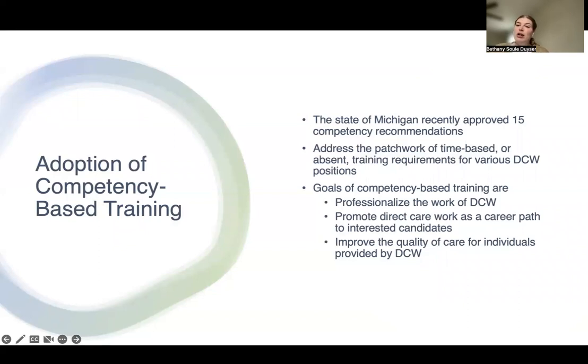To make sure that you're providing services by someone who has demonstrated proficiency and competency in each of these key areas. It also helps the other professions who work with direct care workers to understand what their work entails and what it means to achieve competency in the skills and knowledge base that's required for them.